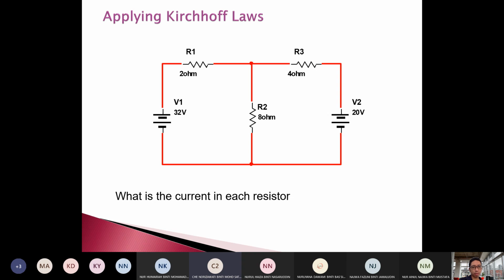And for the second one, over here it is minus 20. It should be plus 20, equals I3 plus I2 R2.